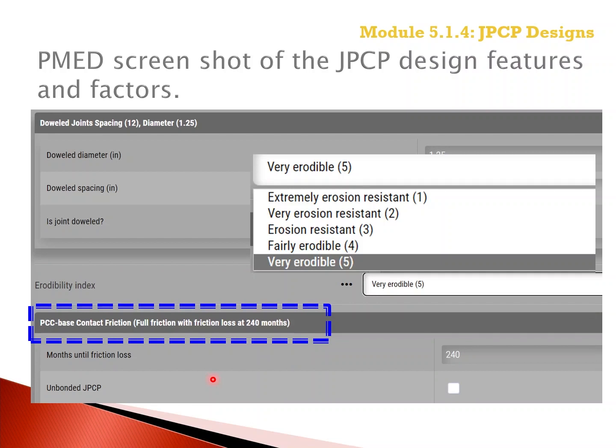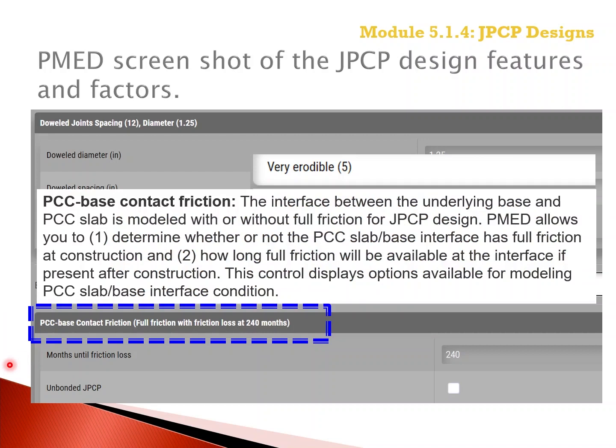Next is the PCC base contact friction. As we previously discussed, there's 2 categories: months until friction loss and whether we have an unbonded JPCP or a fully bonded JPCP through some time period, which is months until friction loss. The PCC base contact friction is the interface between the underlying base and PCC slab, which is modeled with or without full friction.